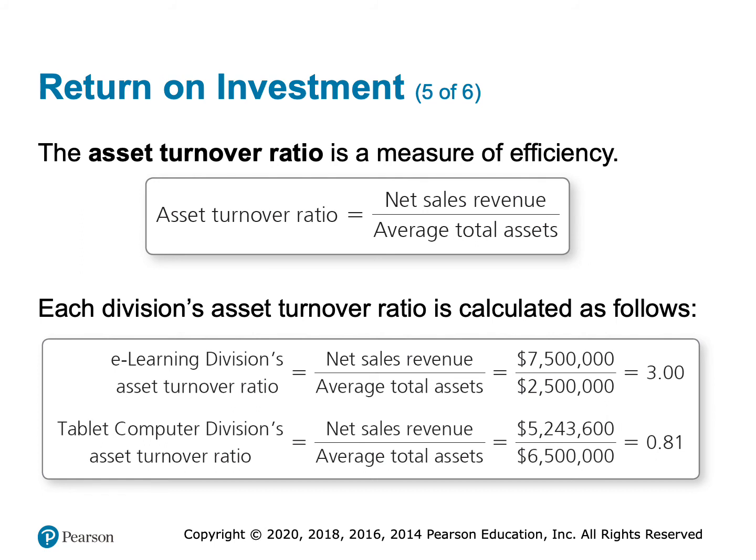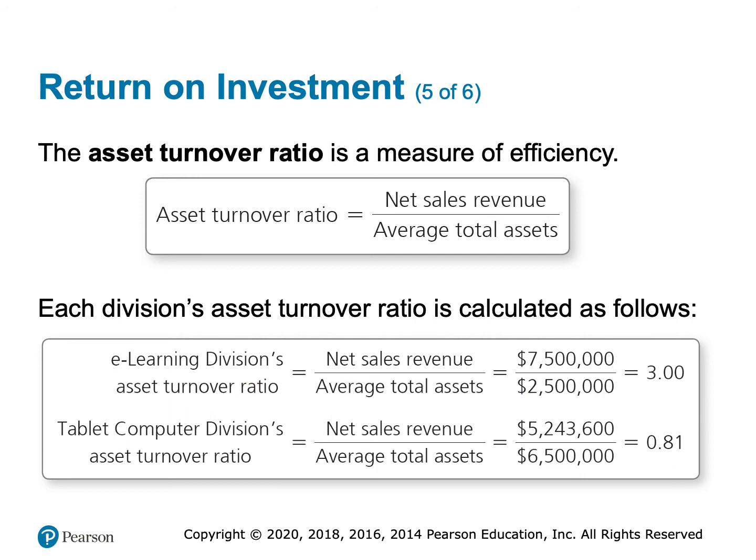So this tells me the e-learning division is really good at only buying assets that are going to increase sales, but they're not so good at turning those sales into profit. Whereas the tablet computer division isn't getting their money back from their assets. Look, for every dollar they invest in assets, they get 81 cents in sales.